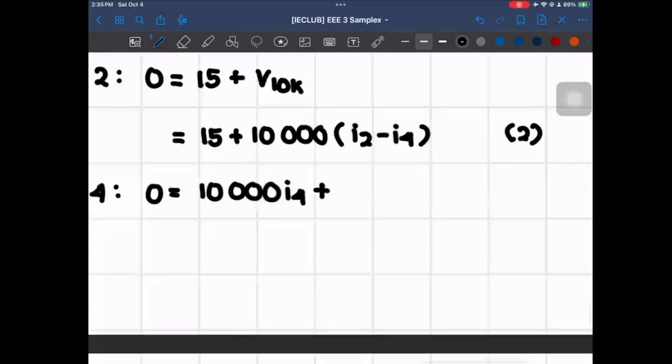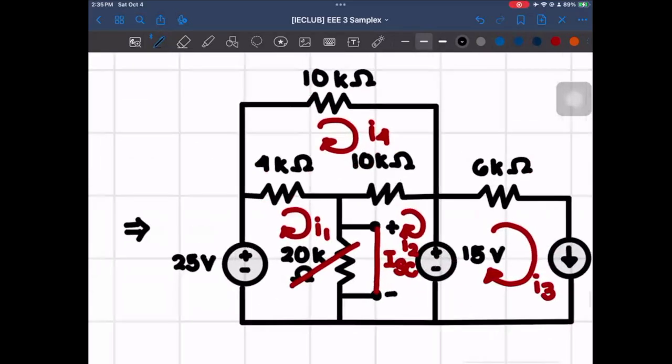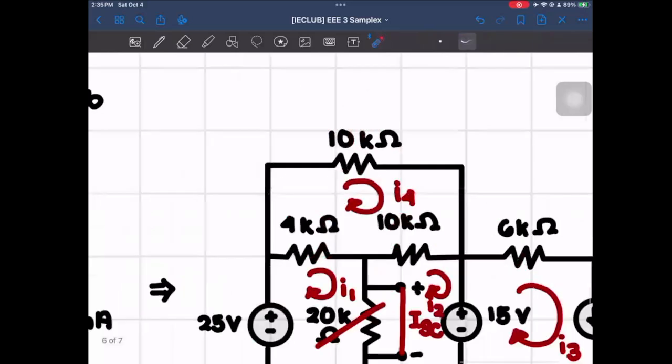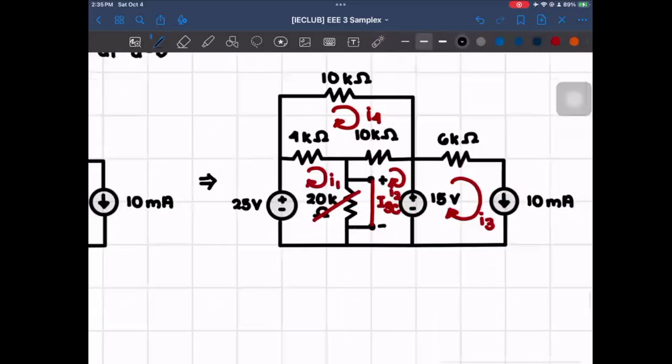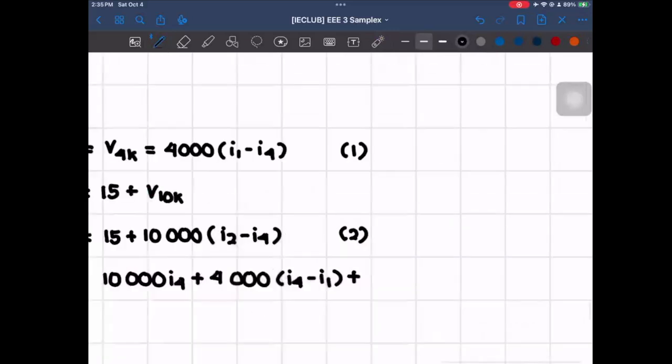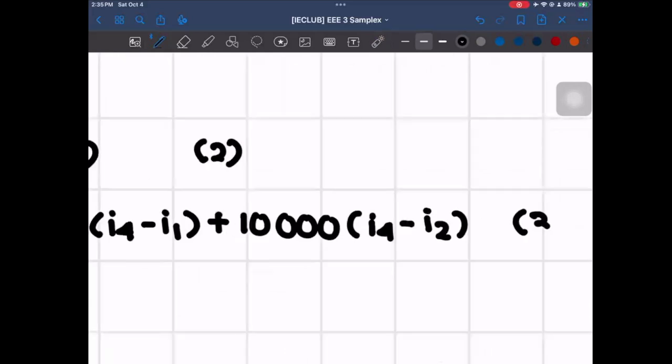Plus, and then for the other 10K, it's in between I4 and I2. So we already noticed also it's going the opposite direction. So with respect to I4, that will be I4 minus I2 times 10,000. So just writing that down. And that's our third equation.